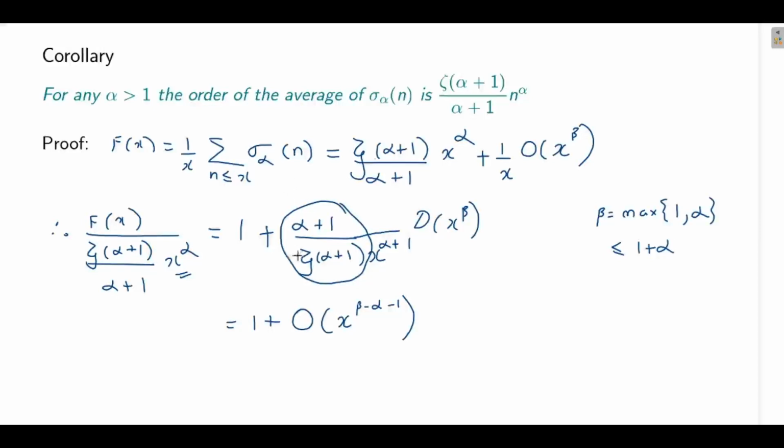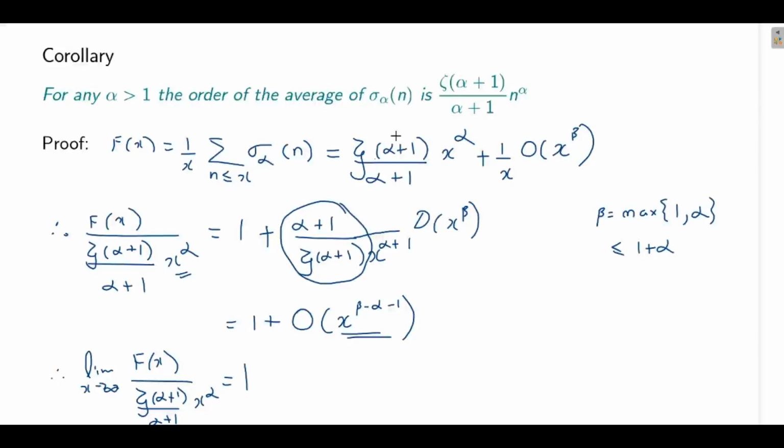This means this portion here will converge to 0 as x tends to infinity, and therefore the limit as x tends to infinity of f of x upon zeta of alpha plus 1 upon alpha plus 1 x raised to alpha will be 1, because this part converges to 0 and hence big O converges to 0. So this proves this result.